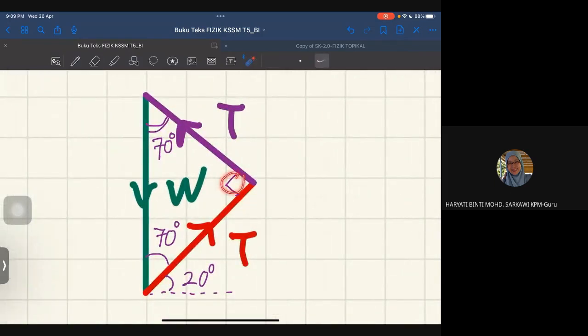Correct or not? No, right? So it doesn't mean that all the time will be 90. Sometimes it is 90 degree, but in this case, this is not 90. So how do you know what angle is here? 180 minus 70 minus 70, right? So this is not 90 degree. That will be 40, right?